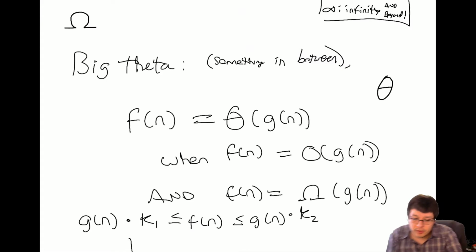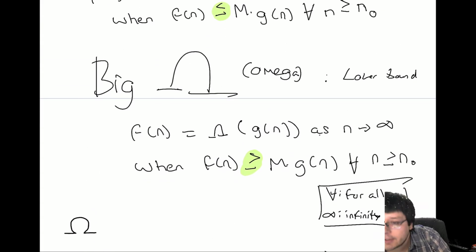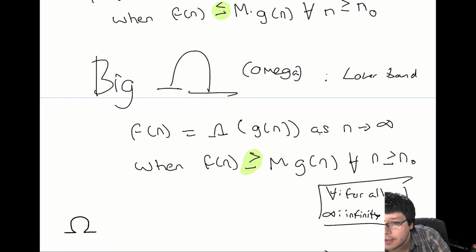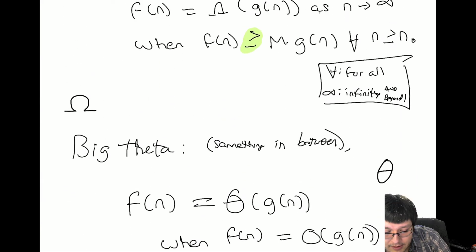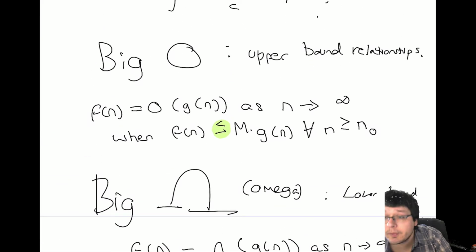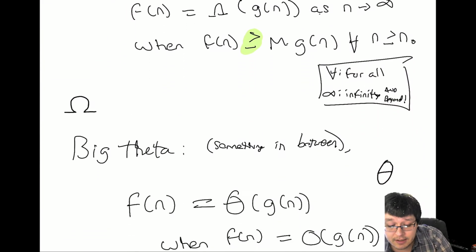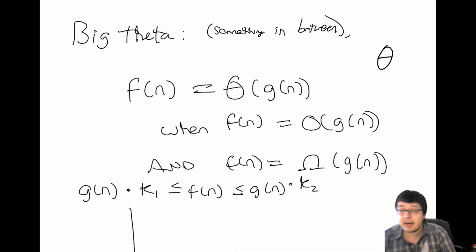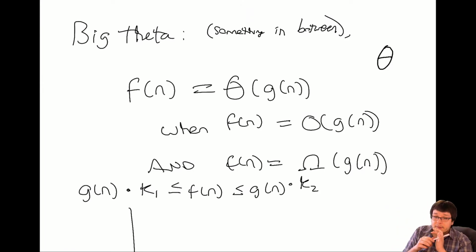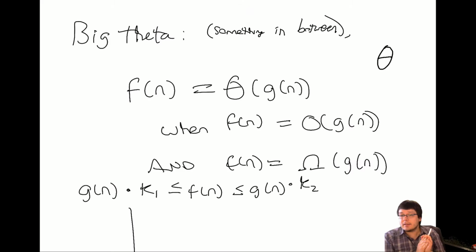Before, we said f(n) is greater than or equal to m times g(n) for all n for big omega, and for big O we have less than. But here we squish them both together. We are saying that k1 times g(n) is less than f(n), which is less than k2 times g(n).